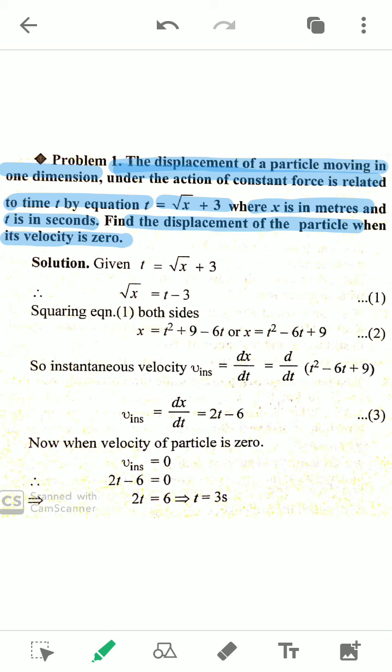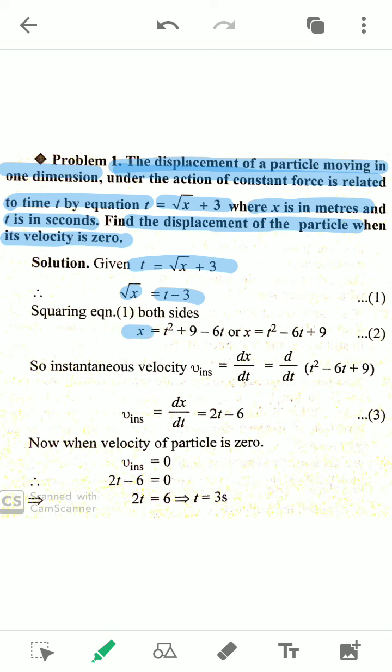According to the given equation, that is t equals root x plus 3, we calculate x from that equation. So we rewrite root x, 3 moves to the left side, so write t minus 3. Squaring both sides, the square of root x is x.